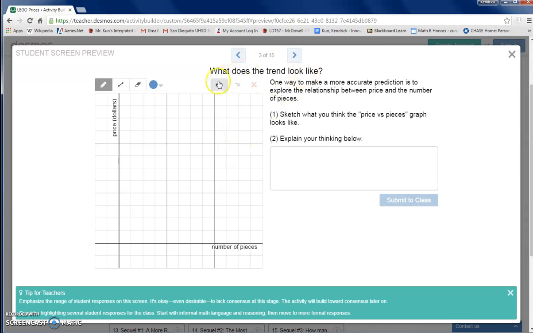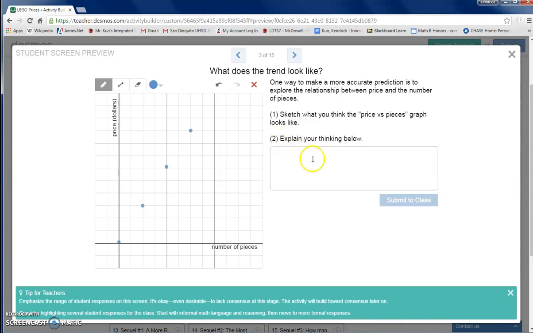So go ahead and just plot some points here. Start at the origin, just say that 0 pieces will cost $0, and then just kind of create some dots that will create an estimation of what you think the line of best fit should be for these Lego pieces.